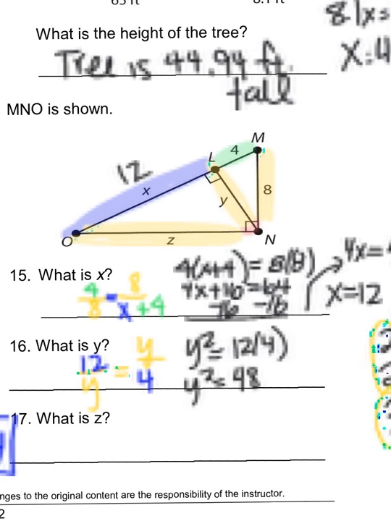If I break down my radical of 48, I'm going to find out that I have a pair of 2's, a pair of 2's, and a 3. So this will be 2 times 2, which is 4, and the square root of 3. So my answer for y is y equals 4 square root of 3.